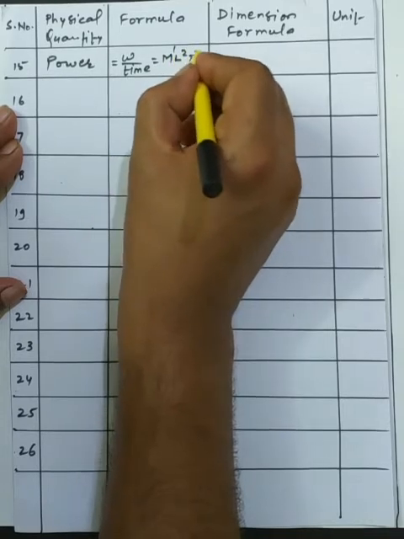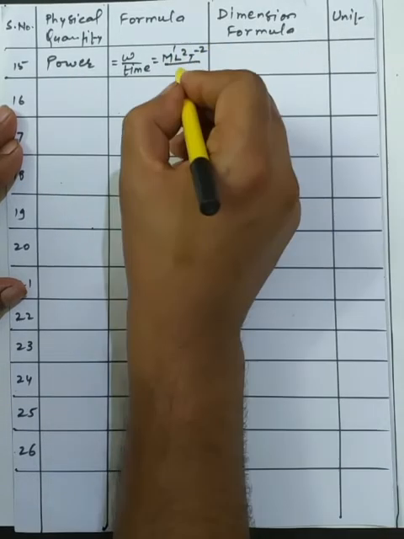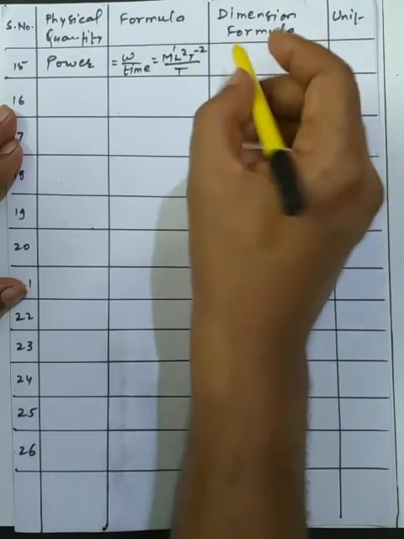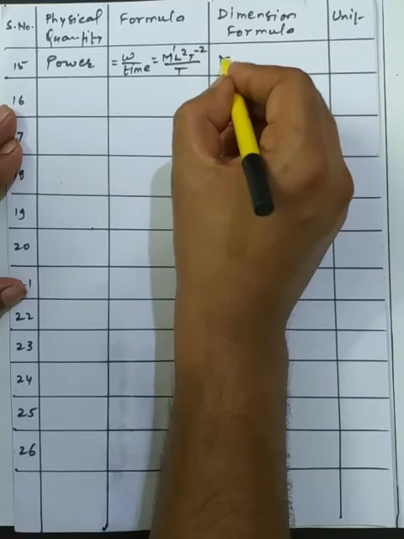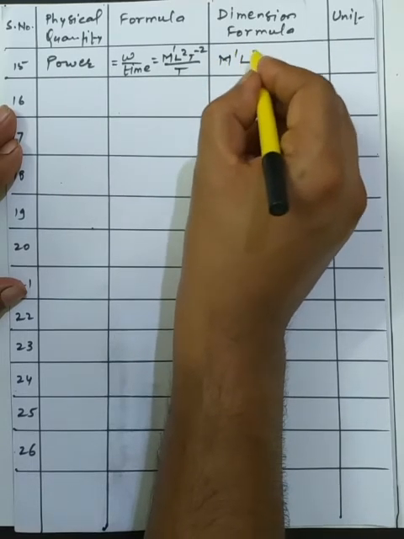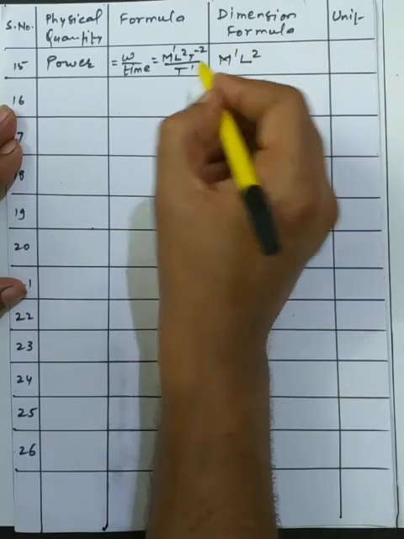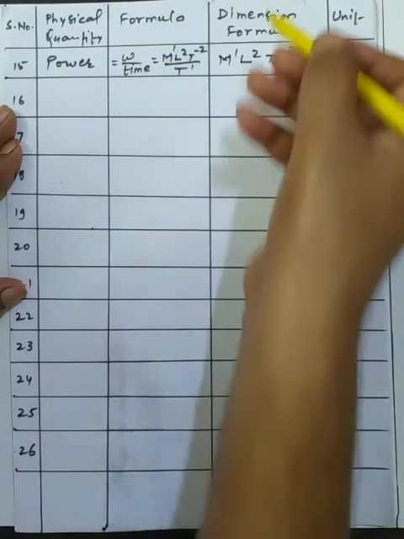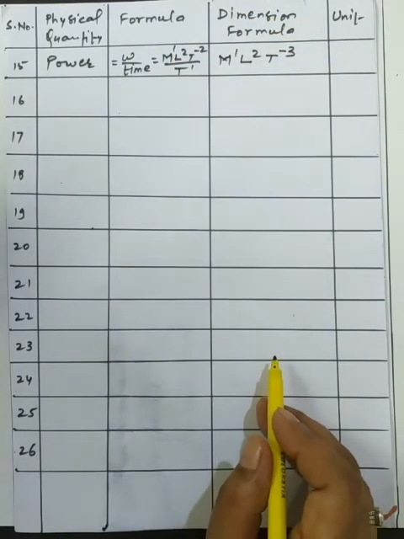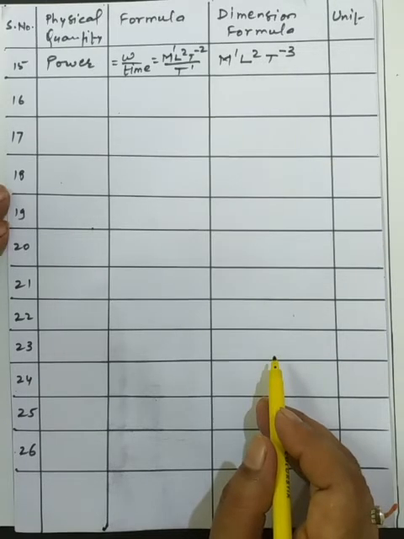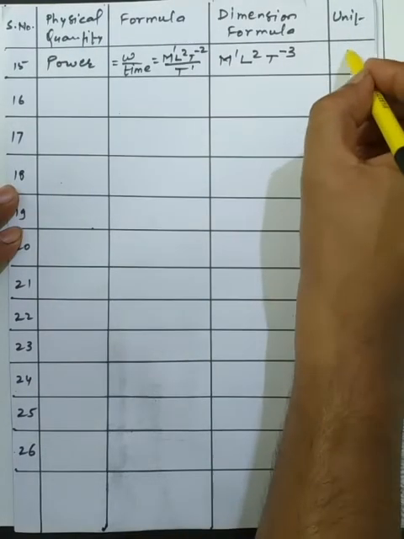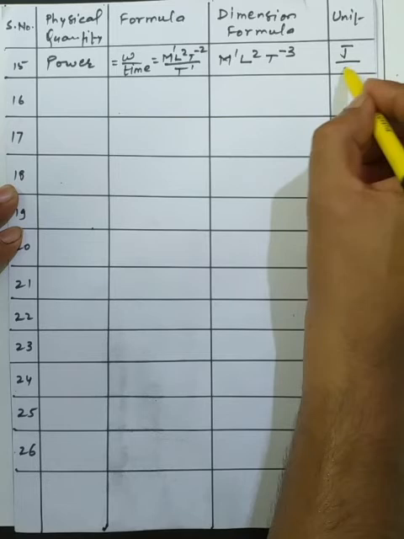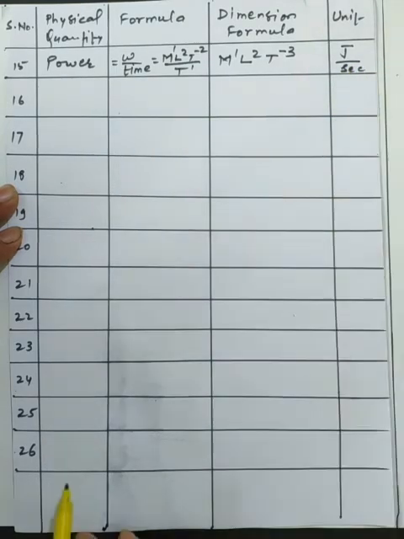M1 L2 T minus 2 is to be divided by time, that is T. So finally, we are able to write the formula, that is M1 L2, and the power assessment is there, that is T minus 3. As we are taking the T in the denominator, the sign will change. So the base is common, so the powers will be added, and joule upon second is the basic unit we have.